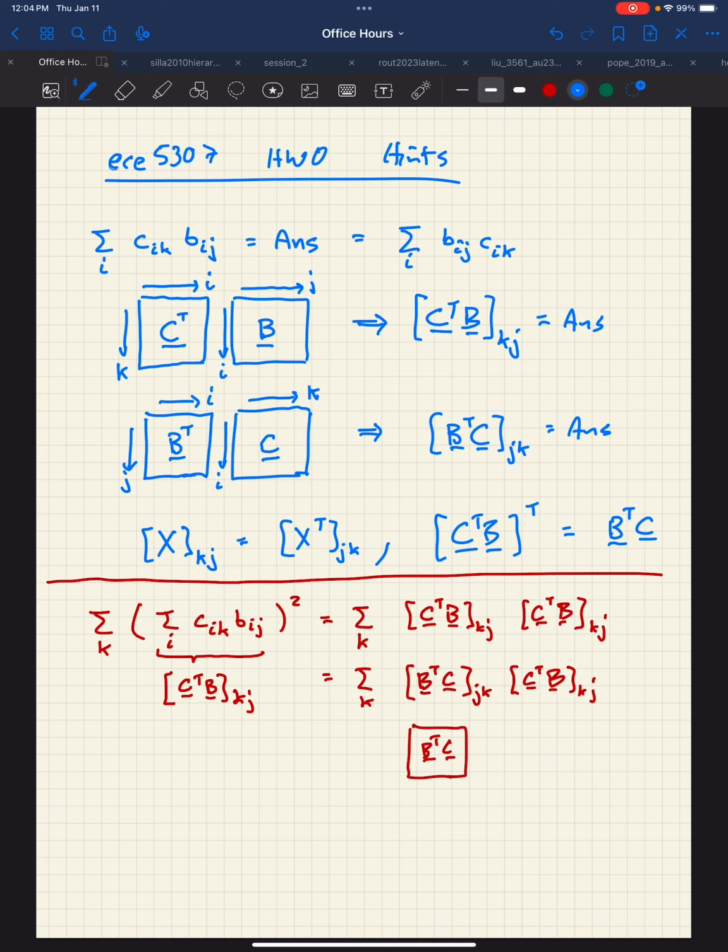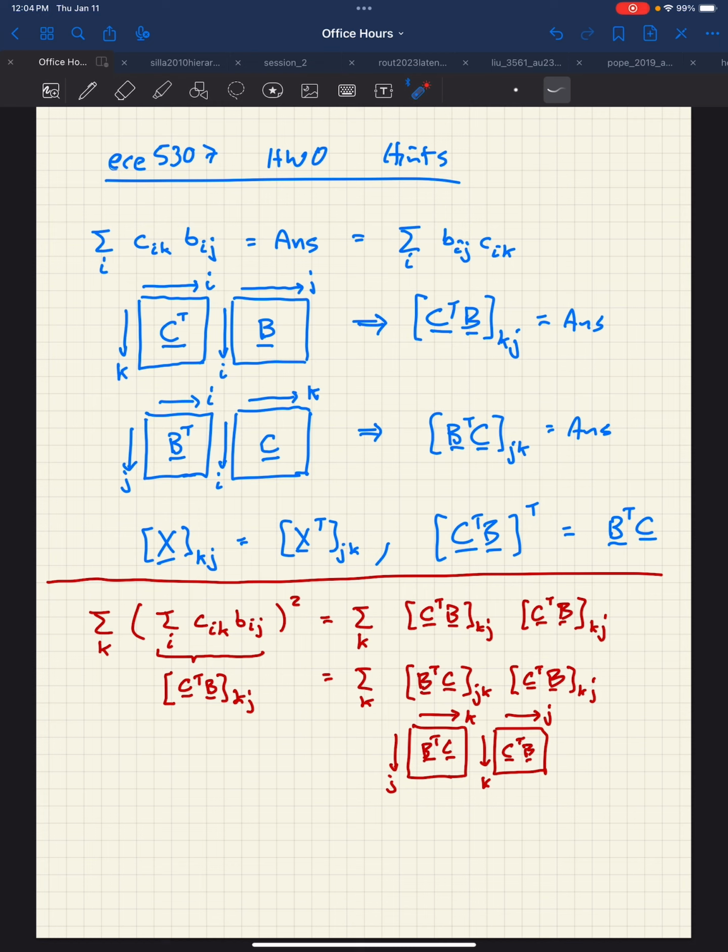I have this matrix B transpose C, and, sorry, this reminds me that I forgot to underline those above. Okay, so now I have B transpose C, and you can see j is coming along that dimension, k this way, and then on the right I have C transpose B, with k along the inner dimension down the rows, j across the columns. Now you can see that yes, this k is really doing a matrix multiply.